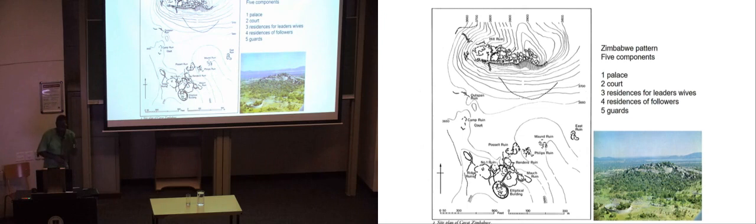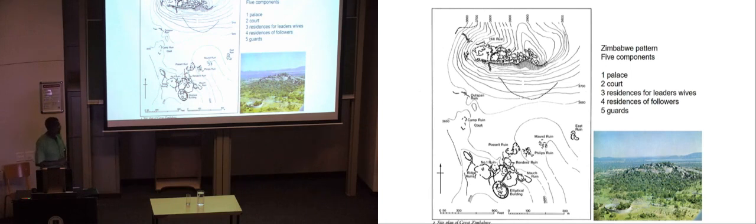So that is one component, and then of course the whole thing was surrounded by guards to provide security. So the walls, that is the function, a spatial interpretation of Great Zimbabwe, where throughout its duration, the king was always rooted on the hill, the wives were always here.